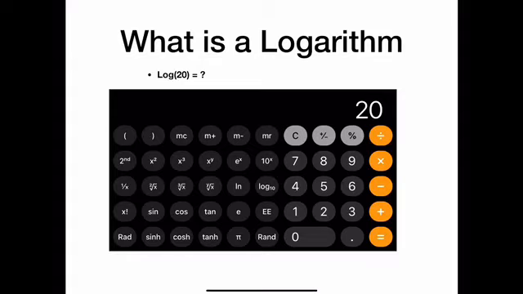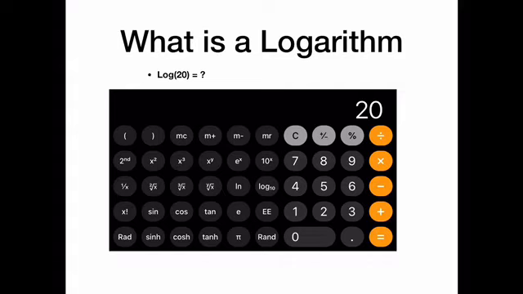We find other numbers. If we were looking for 20, what would we expect? Still a number between 1 and 2, because the log we're looking for is between 10 and 100. But now we're looking for something closer to 1 and farther from 2.